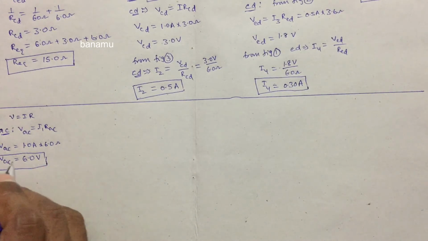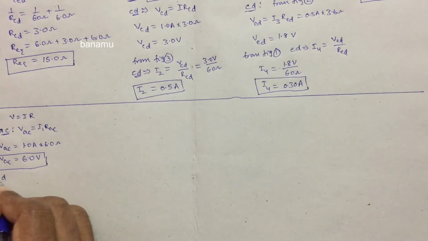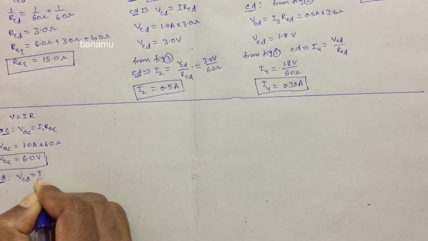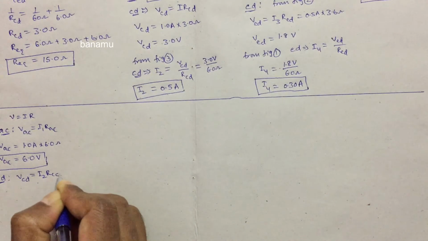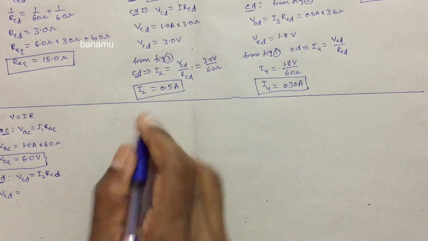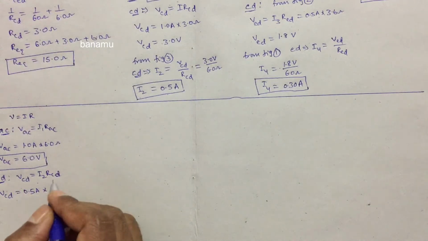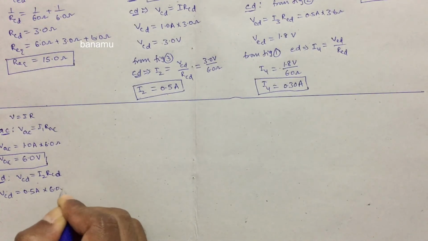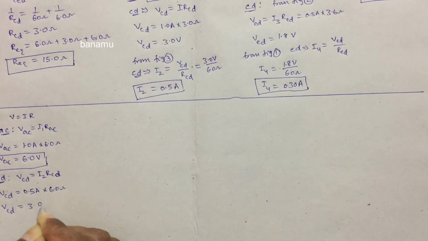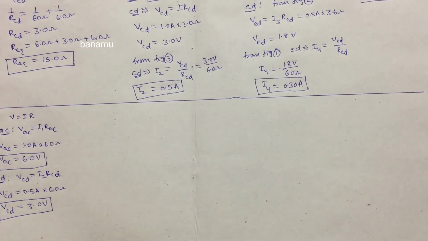And the potential difference between the points CD is VCD. VCD is equal to I2 into RCD. So VCD is equal to the value of I2, 0.5 A, into RCD, which is 6 ohms. So VCD is equal to 3 volts. This is the potential difference between the points CD, 3 volts.